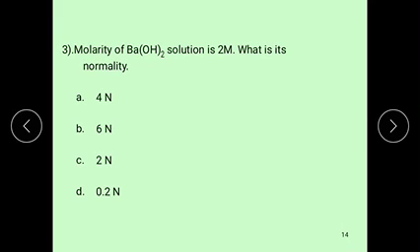For bases we use the equation normality equals molarity into acidity of base, that is normality equals 2 into 2. 2 is the molarity of this barium hydroxide, and its acidity is 2. 2 into 2 is 4, and the answer is 4N.